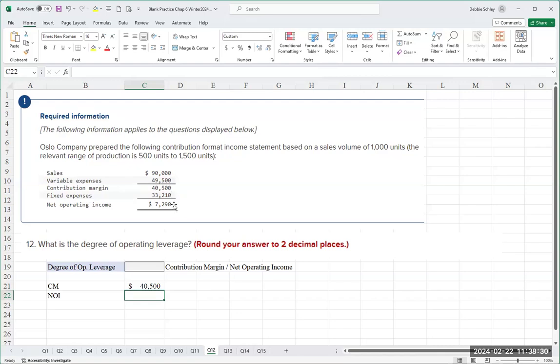And my net operating income is right here, 7,290. So I take equals the contribution margin divided by the net operating income. And again, this is just a number and we're rounding it to 2 decimal places. So it's not a percent, it's not dollars, it's just a number. So this means that my net operating income will grow 5.56 times faster than growth in sales.